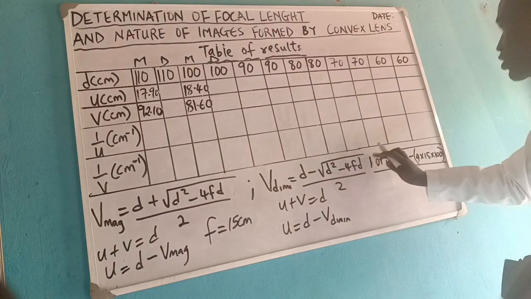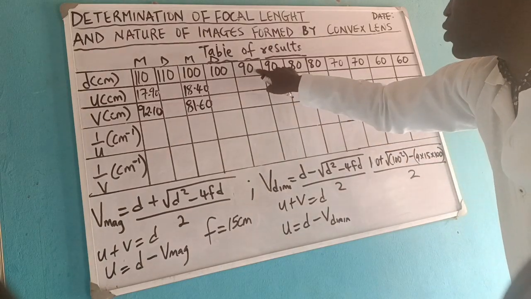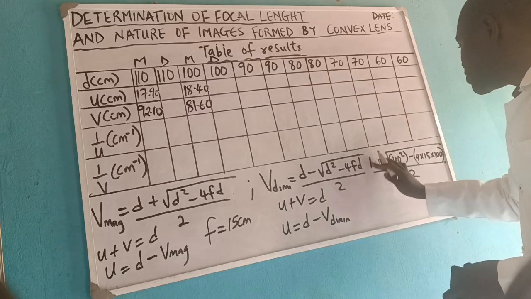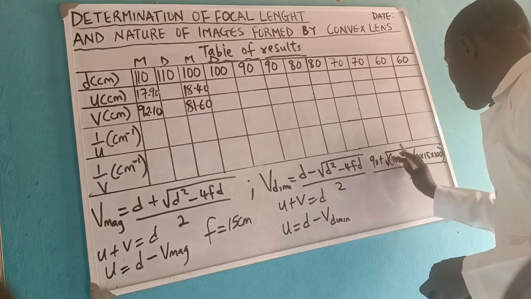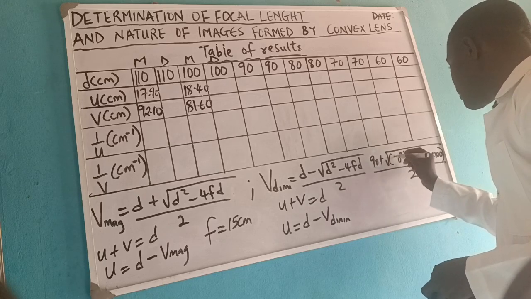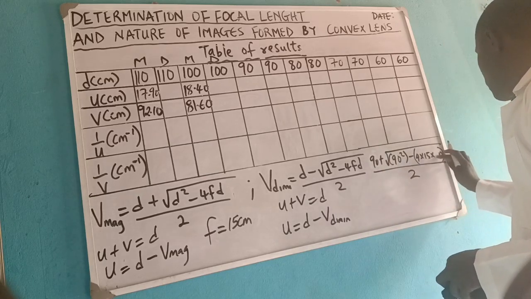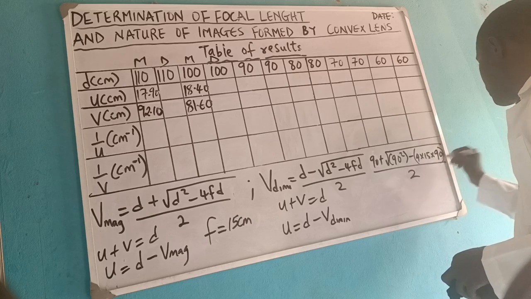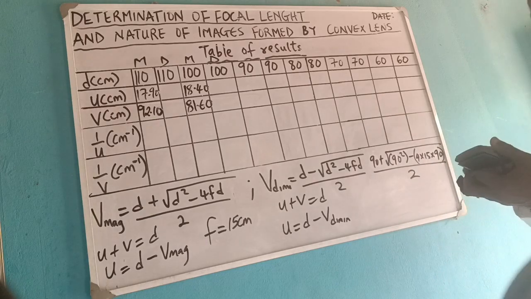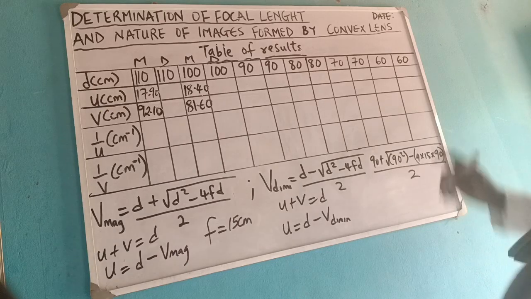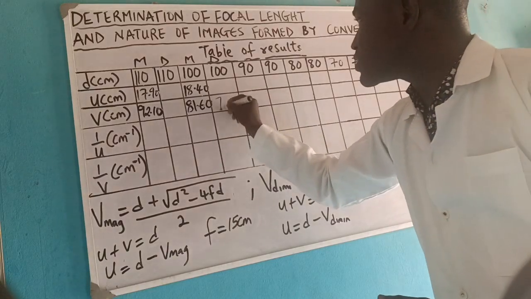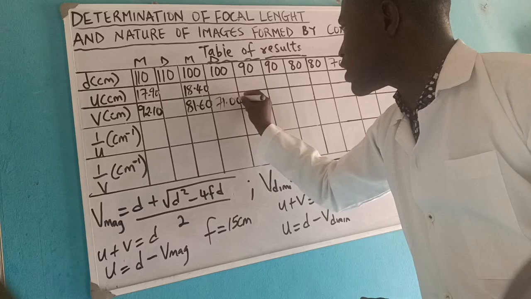For the next magnified one, that is the one of 90, you change here to 90, change here to 90, then change here to 90. Then you press it in your calculator and you will be having 71. You write here 71.00.